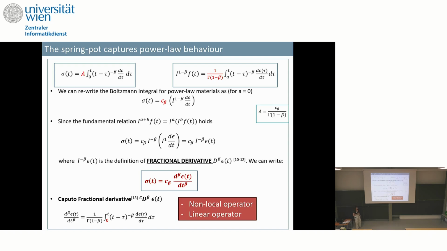Two observations. First of all, this derivative is non-local. One main difference from what we think of as the second derivative, which is a local operator, is that here you always need to integrate from 0. That's one downside. There are some ways to deal with it. It's like, how long is the memory? That has been studied. Based on the system, do you always need to integrate from 0 or not?